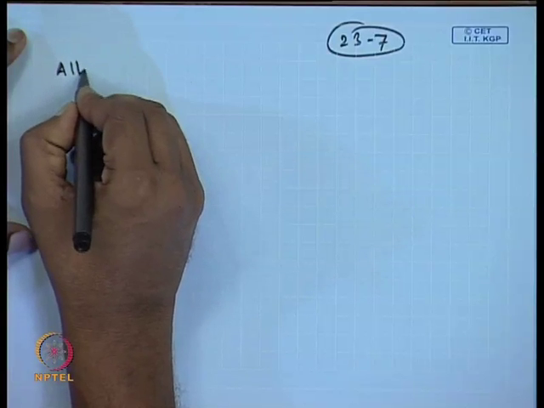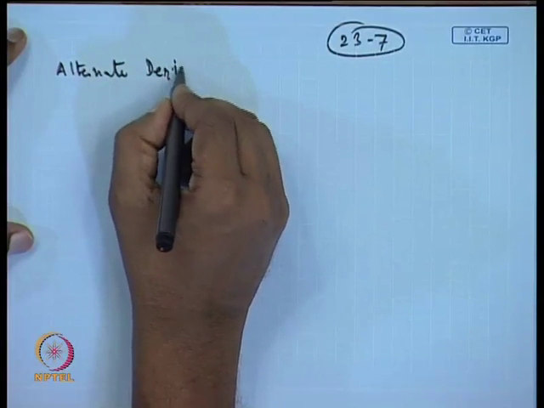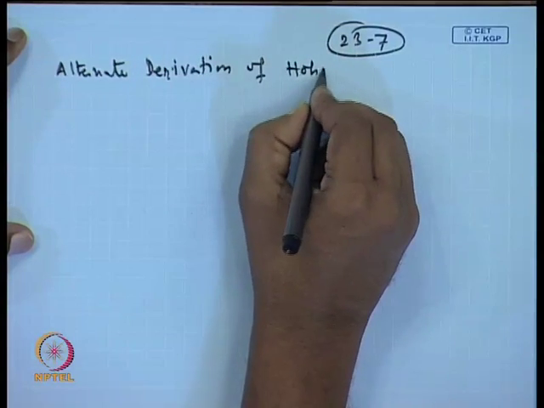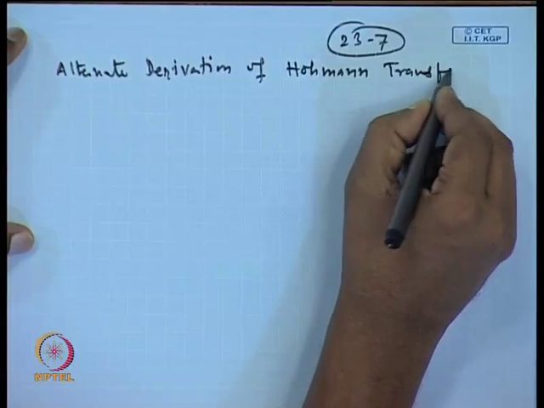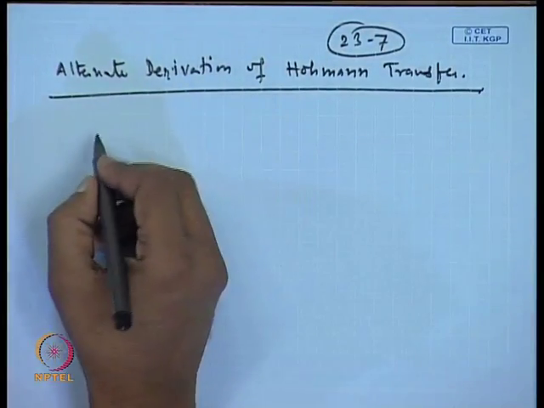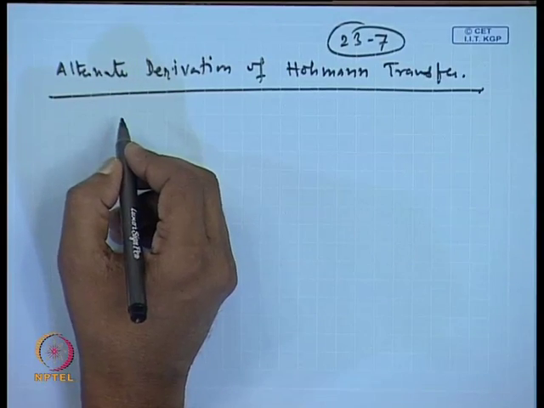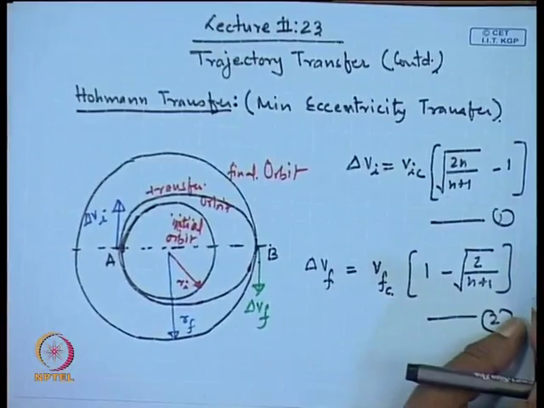So, here we have an alternate derivation of Hohmann transfer. We take the same problem in which the satellite is moving in the initial orbit and then we need to put it in the final orbit.